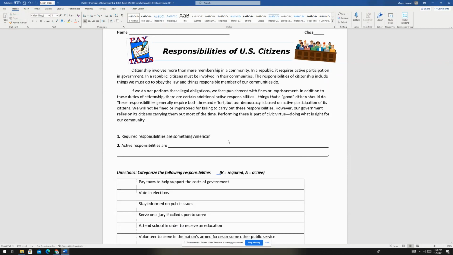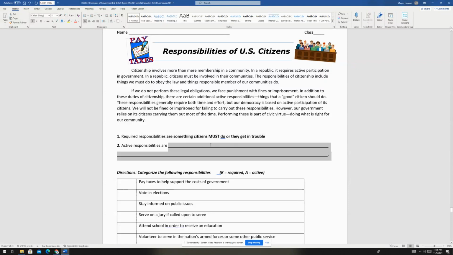Required responsibilities are something citizens must do or they get in trouble. So, you have to follow the laws or you go to jail. They are things you have to do or you get in trouble.